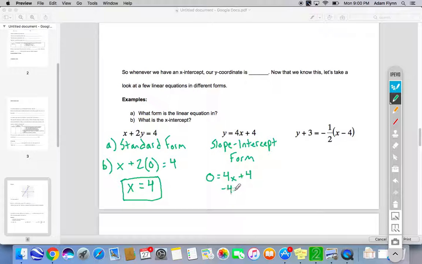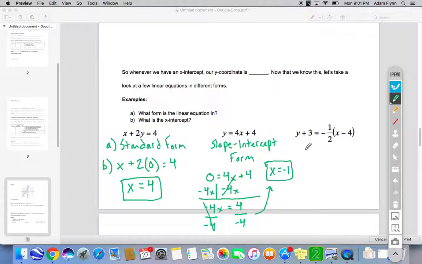So minus 4x, minus 4x. So I have negative 4x equals, they cancel, 4. So if I divide both sides by negative 4, those negative 4s will cancel. I'll write my answer right up here. X equals negative 1. So for this line, my x-intercept is x equals negative 1.